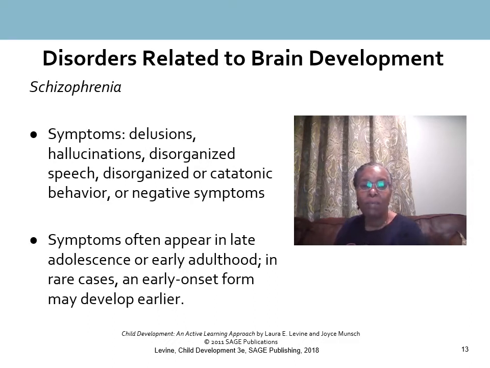Other symptoms that might be present is disorganized speech, disorganized or catatonic type of behaviors, where, for example, they might not react to things going on in the everyday world. Or they might show negative type symptoms. And this is when there's blunt or flat affect in terms of showing very little emotions toward things.